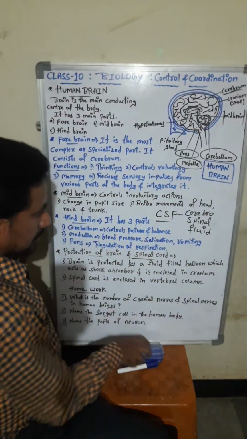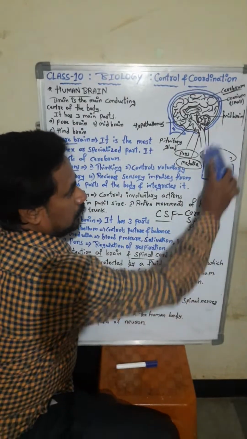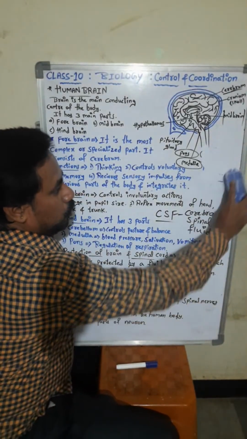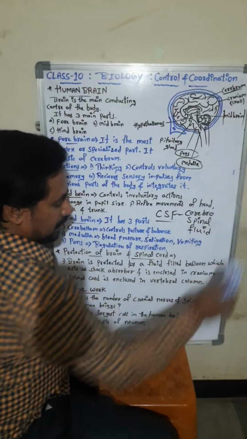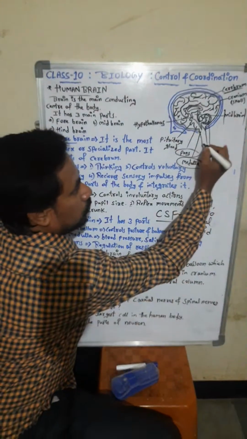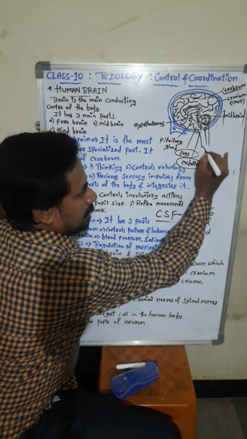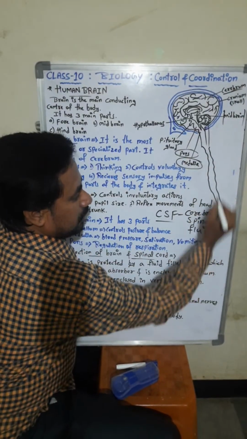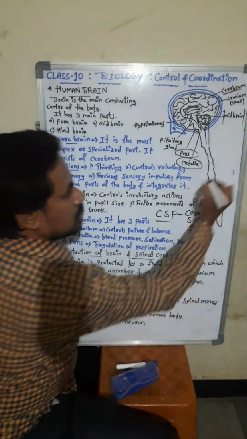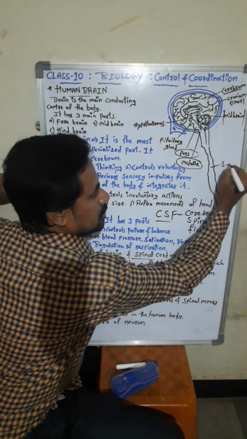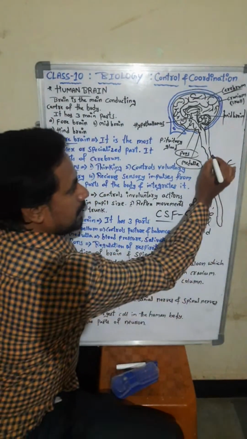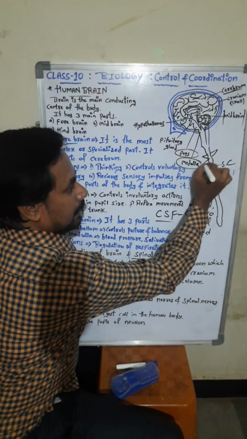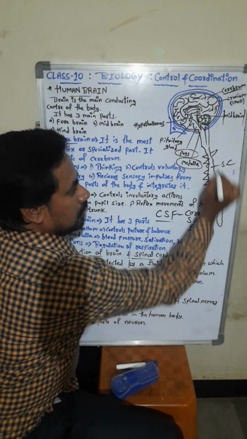See, students. Why am I rubbing here? Because for your understanding I want to show you. From this part, one long thread-like structure will come, students, up to our backbone. This is known as spinal cord. This spinal cord is protected by what?